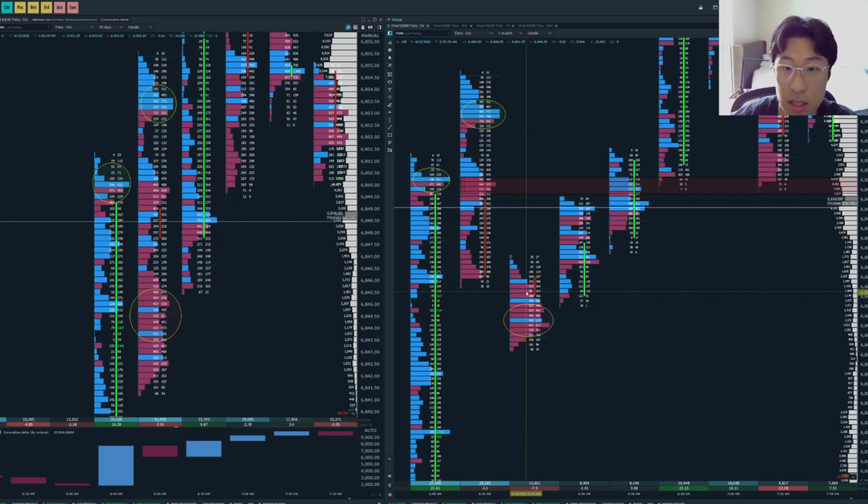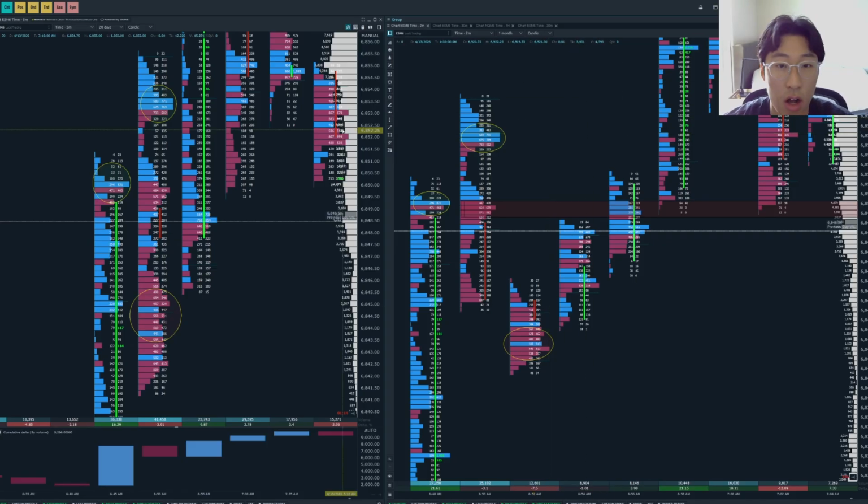Something important that I want to note for today that I did specifically was that when we were on this candle right here, ranging from 68.51 to 68.46, my stop was around right here. My entry was around right here.